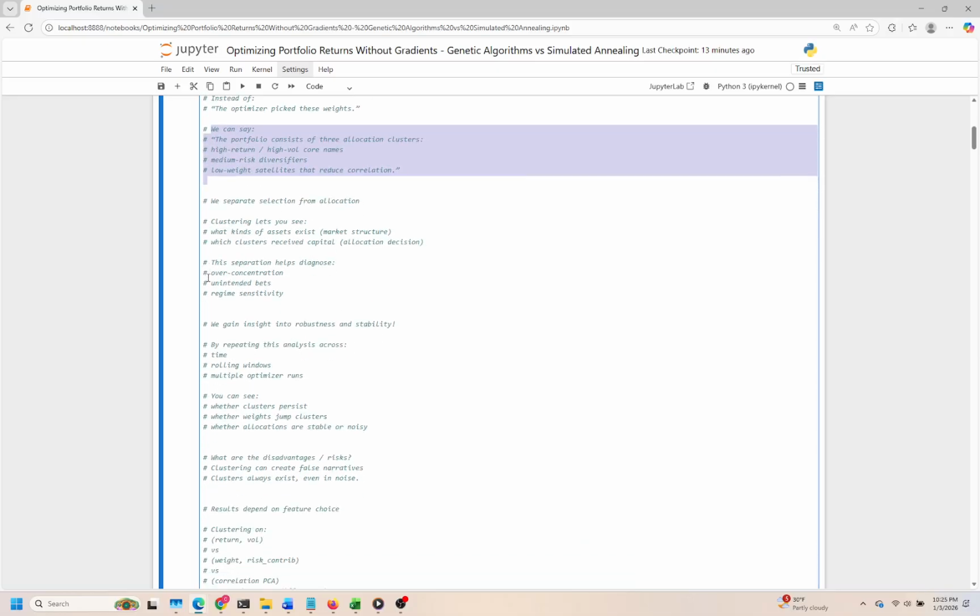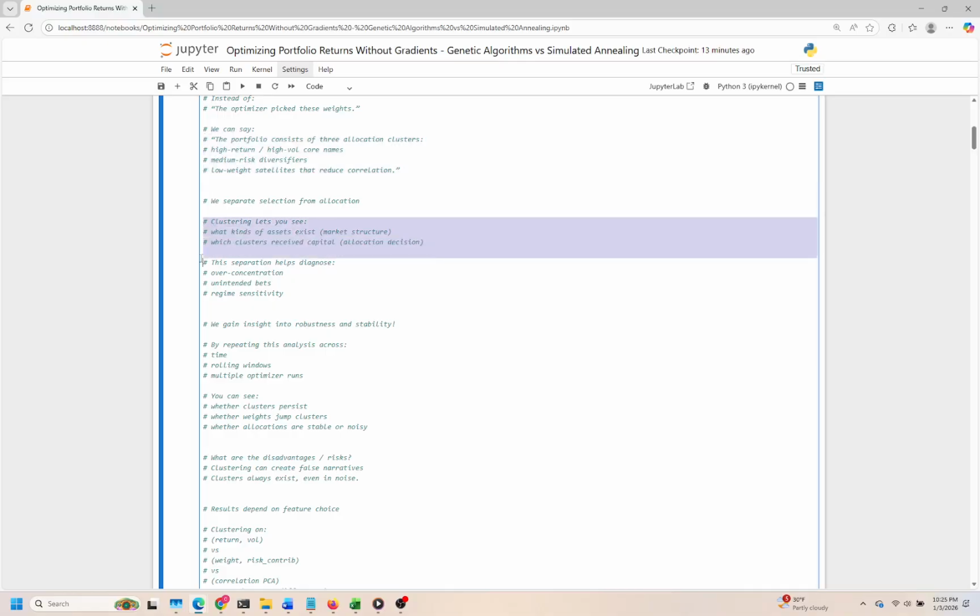Moreover, this analytical framework allows us to separate asset selection from the allocation process, giving valuable insights into market structure. By examining which clusters attract capital, we can diagnose potential issues like overconcentration or unintended bets, as well as assess sensitivity to different market regimes.